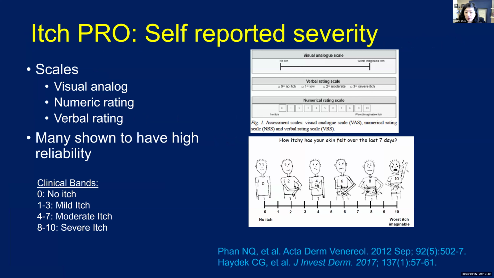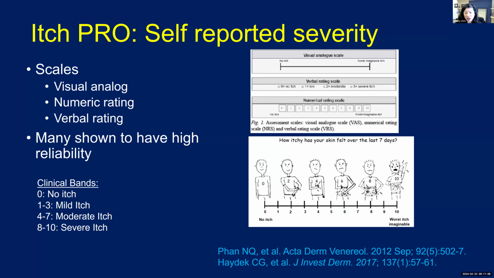So I would propose that we use a patient-reported outcome, namely an itch patient-reported outcome where it's a self-reported severity. So this should be quite familiar to both patients as well as us clinicians because we have these pain scales.